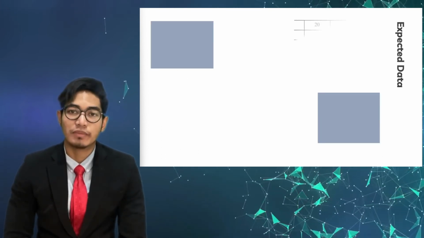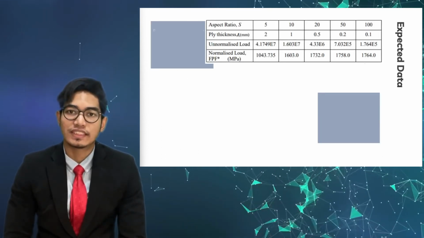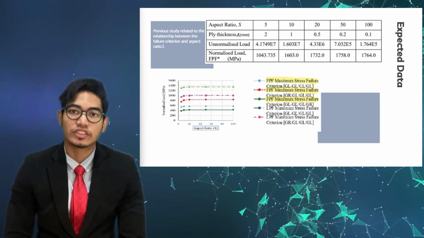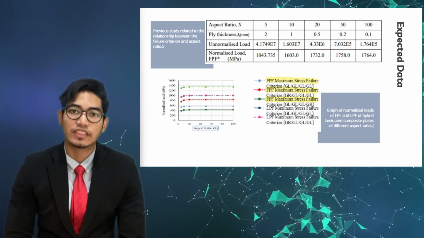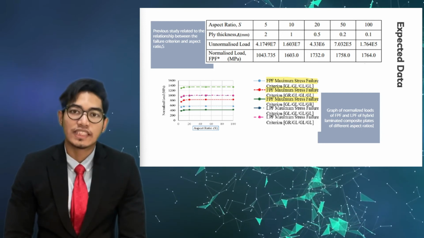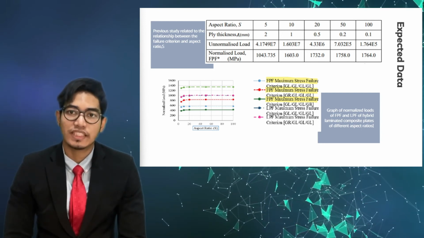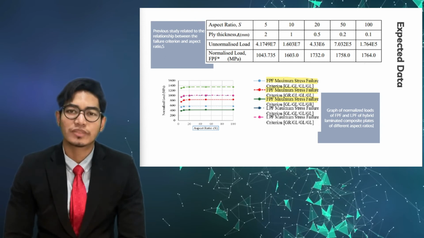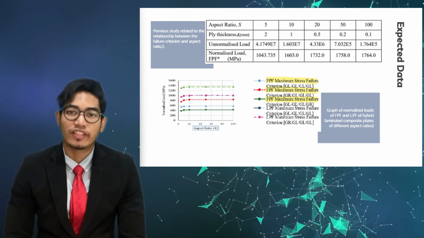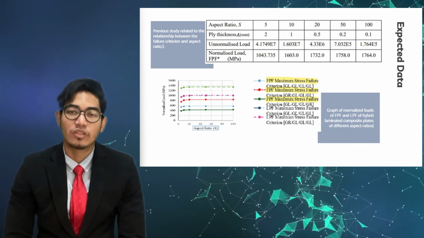So here is my expected data, presented in a table that consists of the load that caused the material to start to fail. Then there is also a chart presented as a comparison between first ply failure and last ply failure of the laminated composite material.